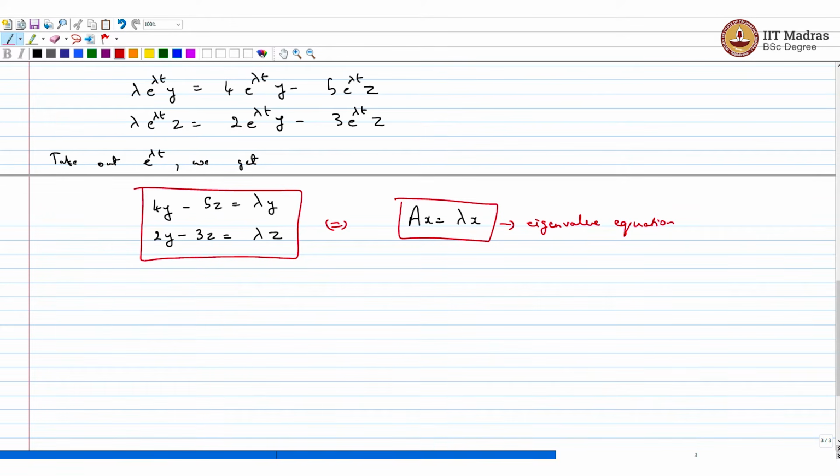Solving a linear system in an ordinary differential equation context comes down to solving an eigenvalue equation. Here lambda is the eigenvalue, and we want an eigenvector which is non-trivial, so it should not be 0. X not equal to 0.